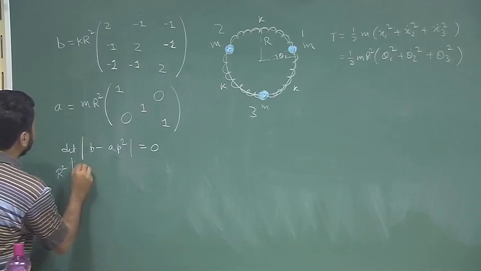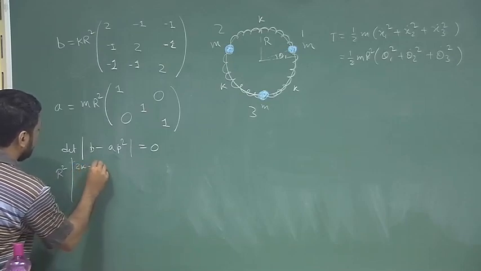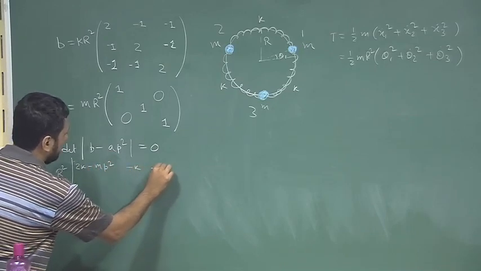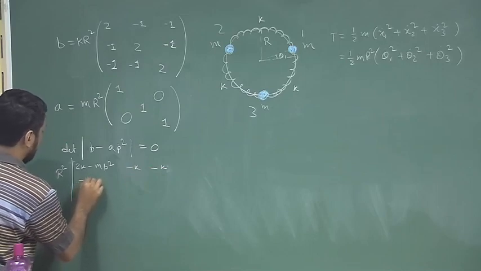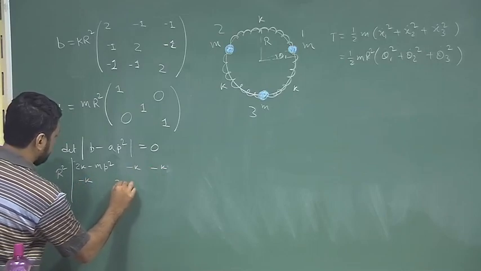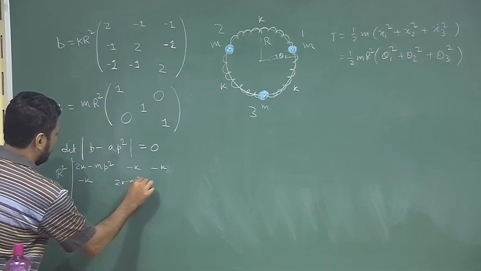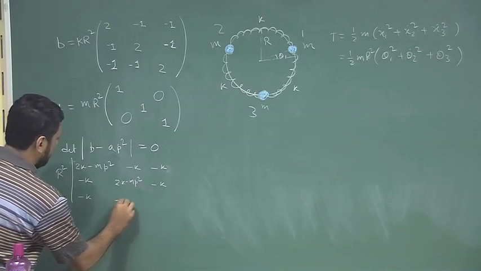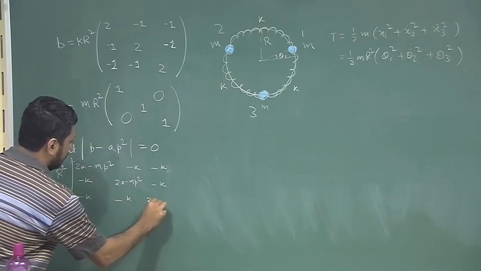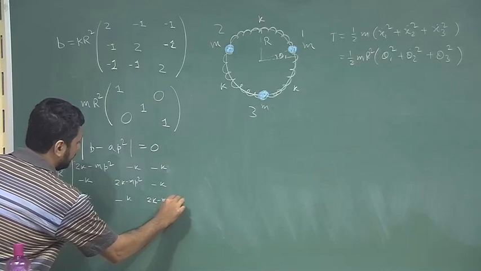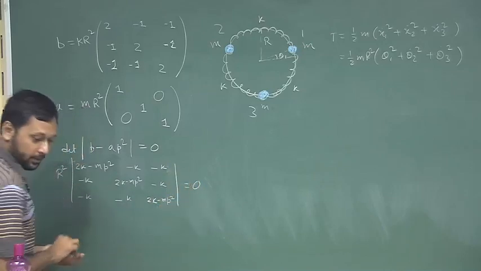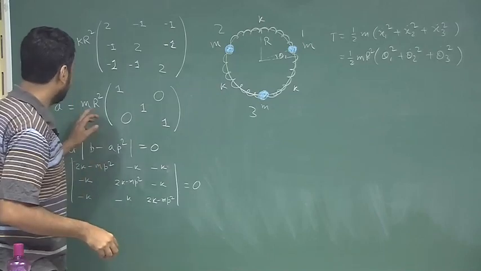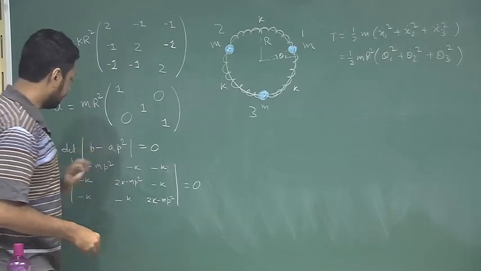So, it will be the determinant with rows: 2k minus m p square, minus k, minus k; minus k, 2k minus m p square, minus k; minus k, minus k, 2k minus m p square; equal to 0. Best thing would be to get rid of this r square anyway, because this is not contributing. It is a common factor between these two matrices, so it will cancel out.